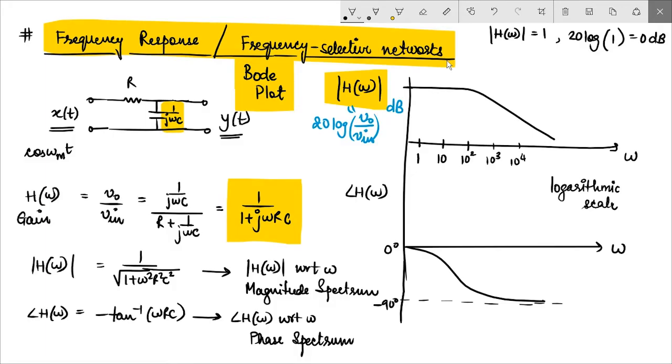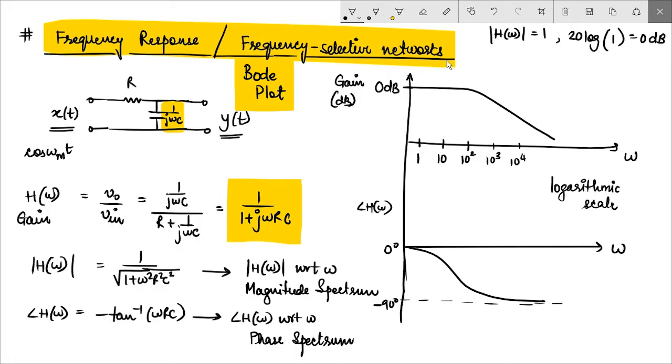So at this point, the gain in dB would be 0 dB. That is the maximum gain. That's the condition of maximum gain, 0 dB. For angle, you can represent it in radians or in degrees, it doesn't matter.